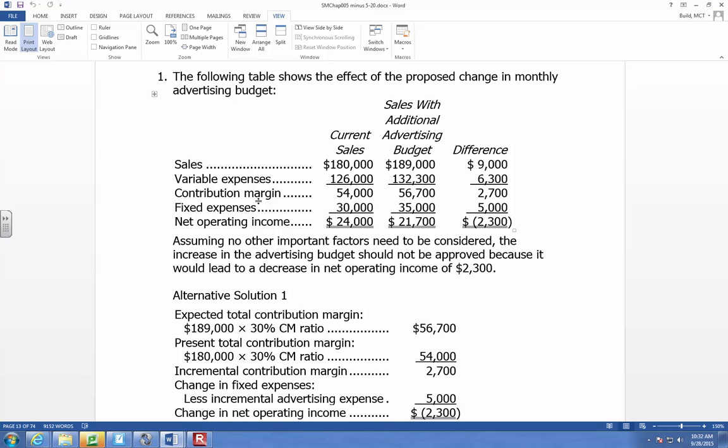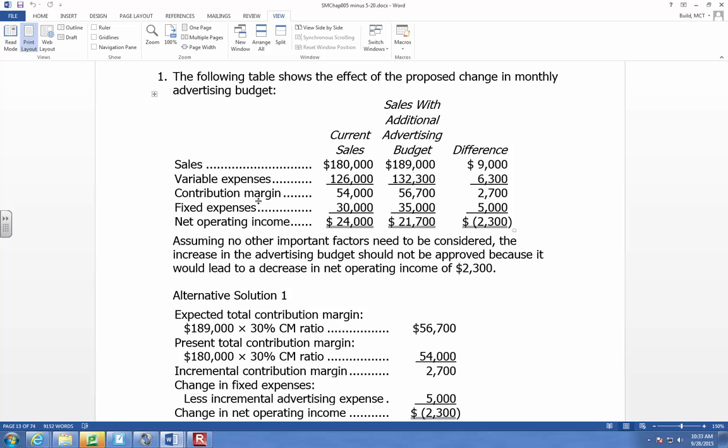So your fixed expenses, you're going to have a higher break even, clearly, because you've got another 5,000 bucks that you need to cover, right? It's going to give me 9 grand in additional sales. Is that a good thing? Is that a desirable plan? Why?